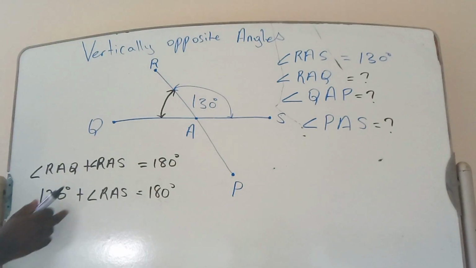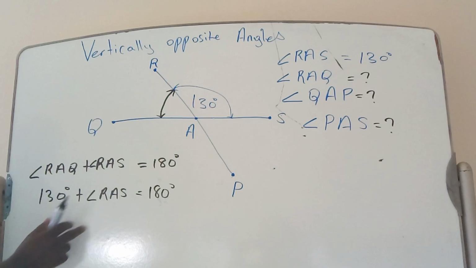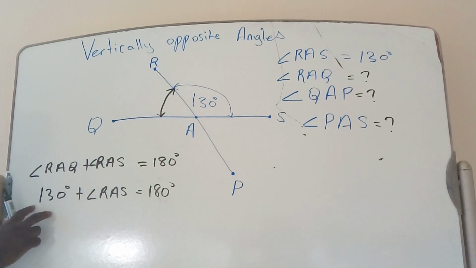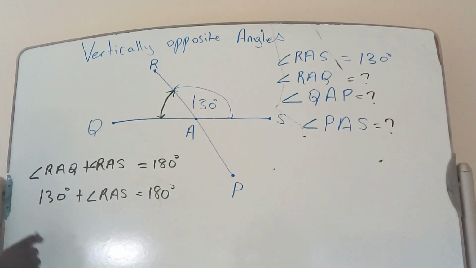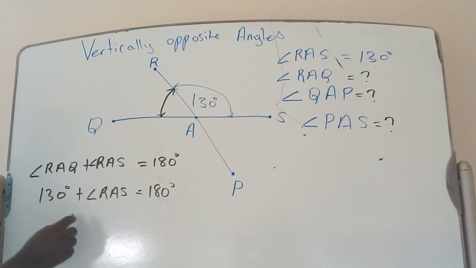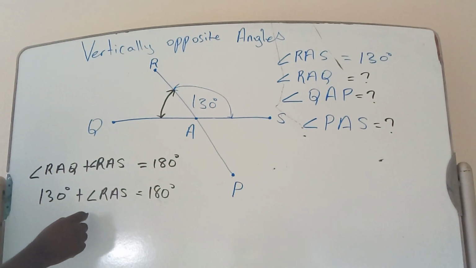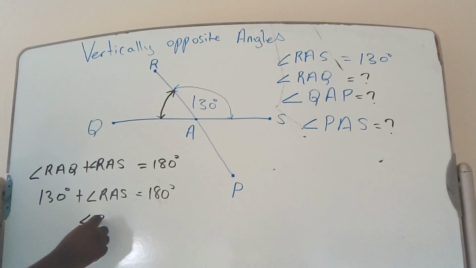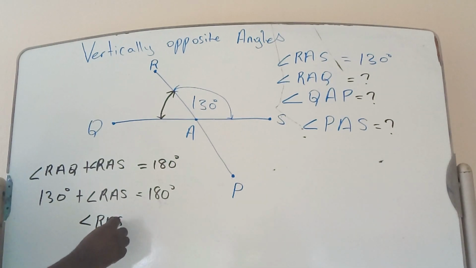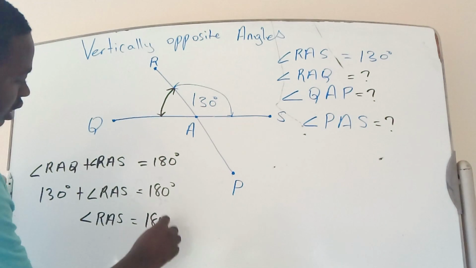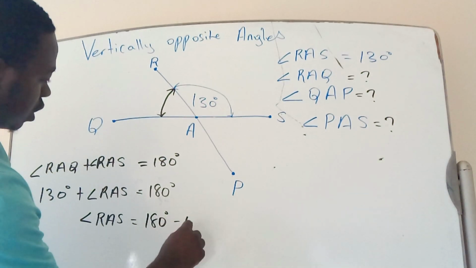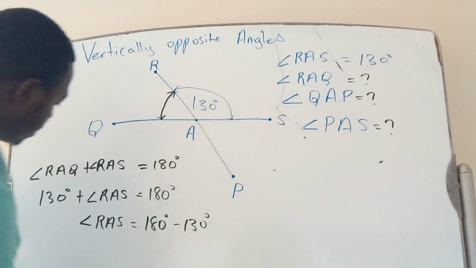Now, in order to find angle RAS, we need it by itself. So here we have a positive 130 degrees, so we have to subtract 130 degrees from both sides. If we subtract 130 degrees from both sides, this side is left with angle RAS, which is equal to 180 degrees minus 130 degrees.